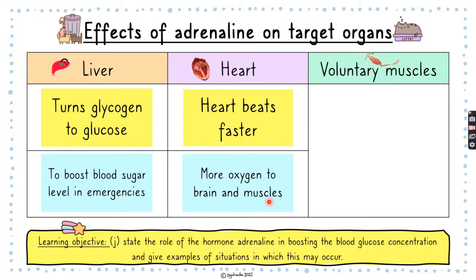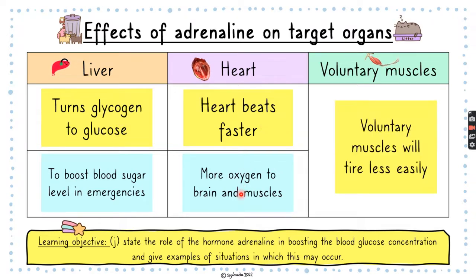And your muscles need a lot of that oxygen as well for respiration, so that you have the energy to actually move your muscles. And there we have it. Finally, by having a lot of glucose and your heart beating faster to transport all that oxygen, your muscles will tire less easily because you're getting a lot of oxygen and glucose to help you fight or fly away.